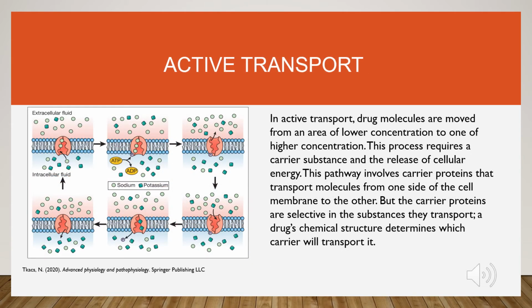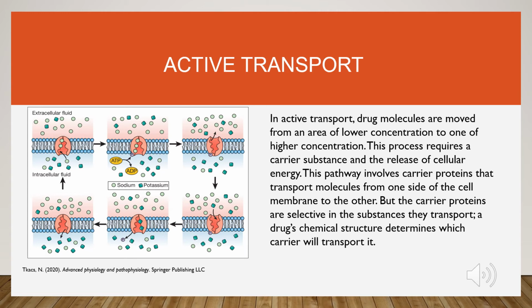In active transport, drug molecules are moved from an area of lower concentration to one of higher concentration. Because this process goes against the concentration gradient, it requires a carrier substance and the release of cellular energy in the form of adenosine triphosphate, or ATP.